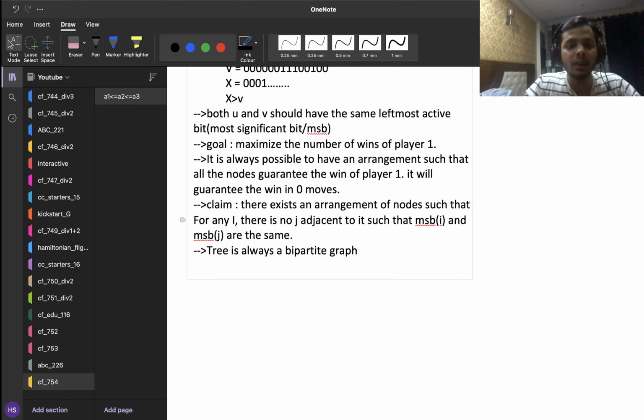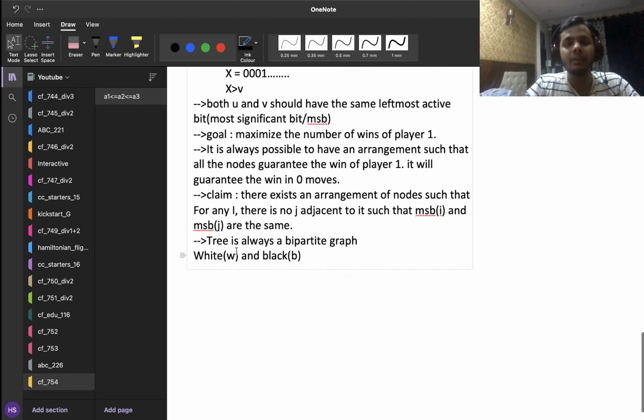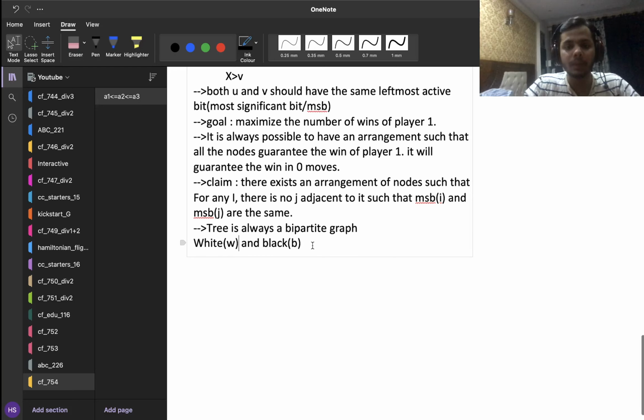So let's say I color the nodes of the tree white and black, and the number of nodes which I color white is W and the number of nodes which I color black is B. So the number of nodes on the even level is W and the number of nodes on the odd level is B. They can be interchanged, but without loss of generality, I can say I'm coloring the nodes at even levels white and the nodes at odd levels black.